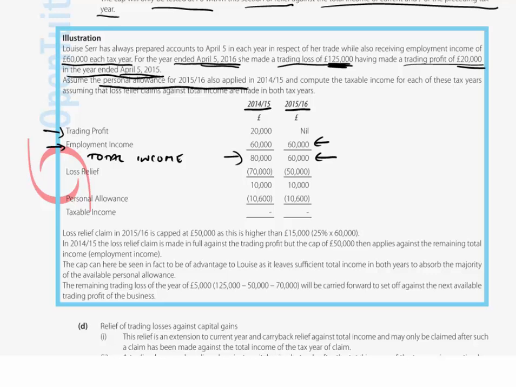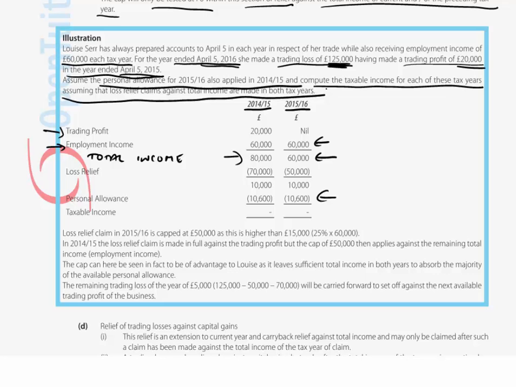Assume the personal allowance for 15-16 is also available for 14-15. There's your £10,600 worth of personal allowances deducted. Compute the taxable income for each of these tax years, assuming that loss relief claims against total income are made in both years there.